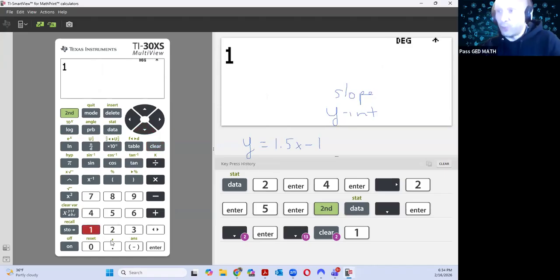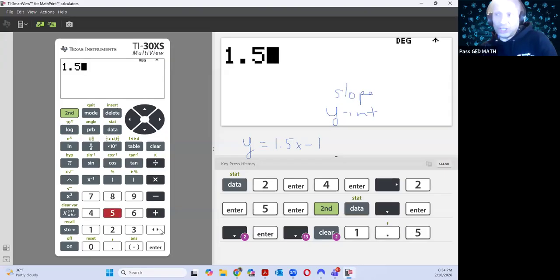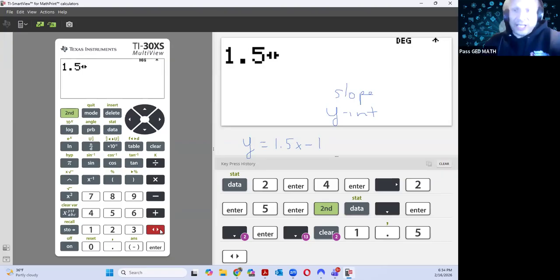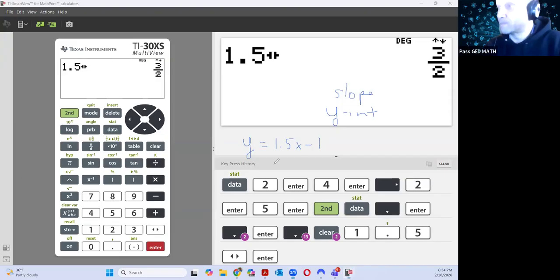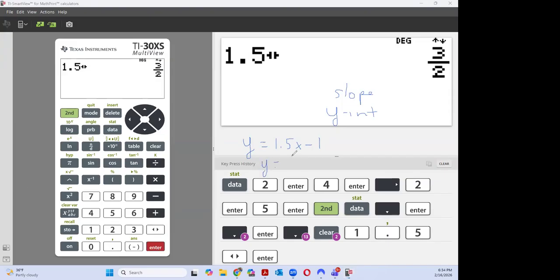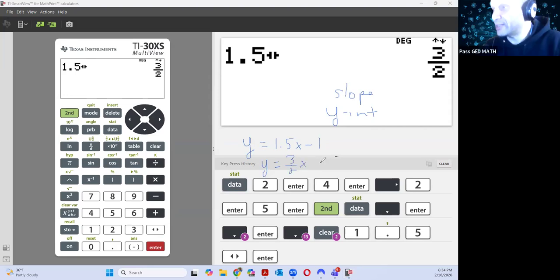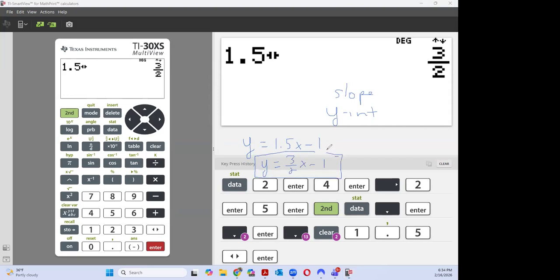You type in 1.5, then hit your double arrows right above enter. That's the convert button. It changes fractions to decimals, decimals to fractions. I press enter. What's my fraction instead of 1.5? 3/2. y equals three-halves x minus 1.